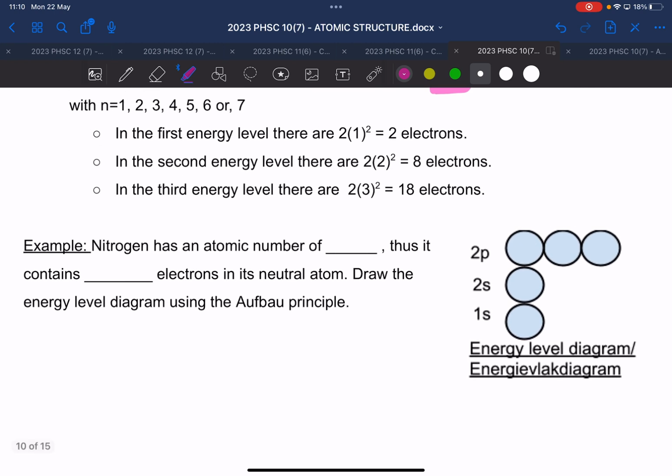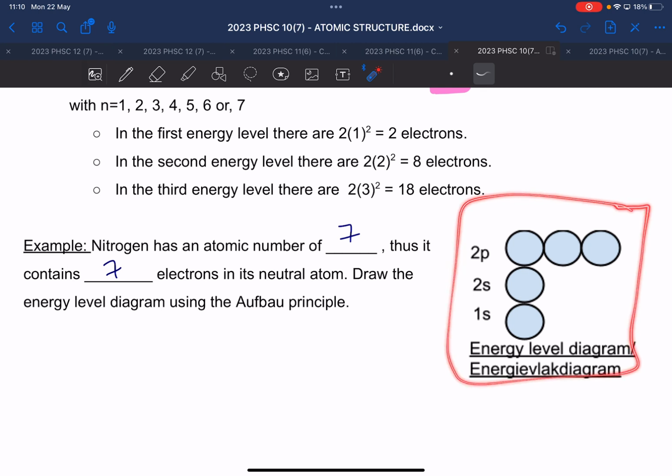Let's quickly look at an example. Nitrogen has what atomic number, Khali? Nitrogen atomic number what? 7. Okay, so it contains 7 electrons in its neutral atom. Here I drew the circles for you.